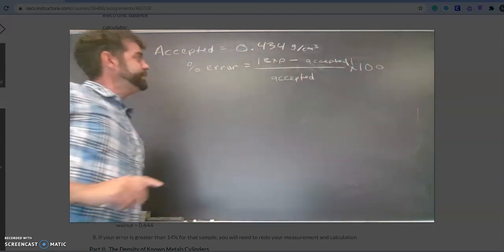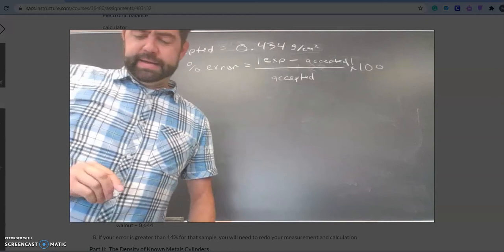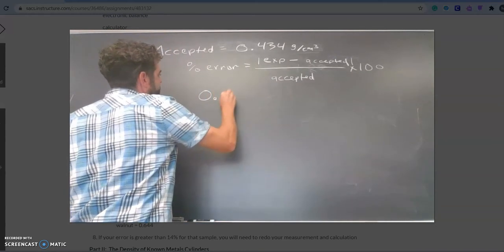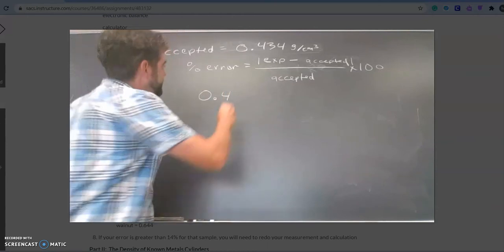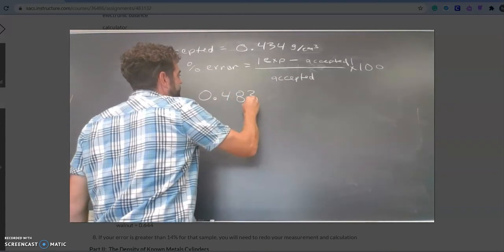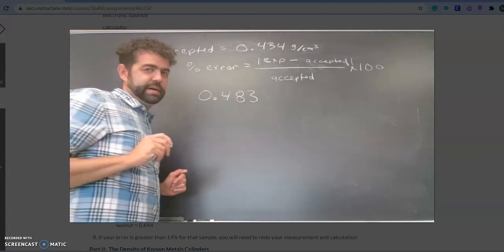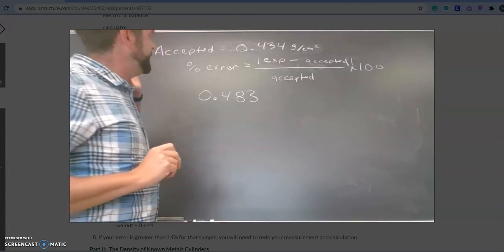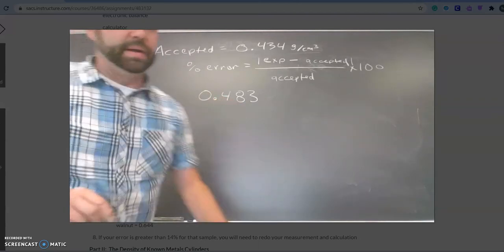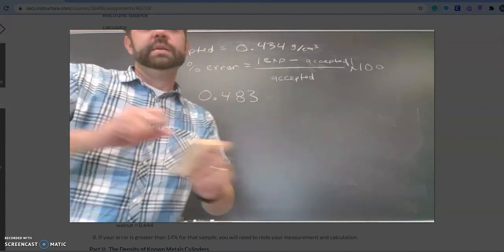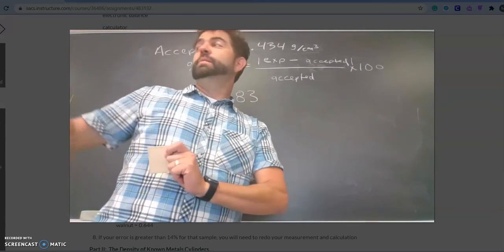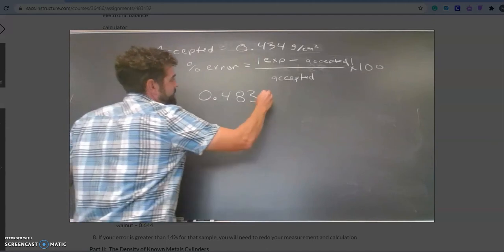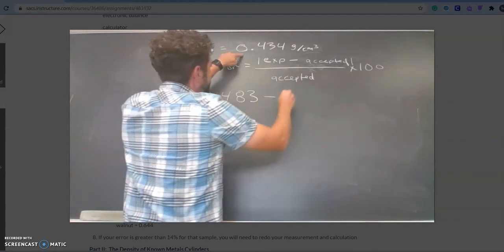So if I look at my notes, when I calculated that, it was 0.483. I'll leave the units off just for now because we know what we're working with, and we'll talk about that later. That was what I got from my calculation of measuring this, finding the volume, and taking it over to the back table. I'm then going to subtract what I know to be the accepted, which is right here.